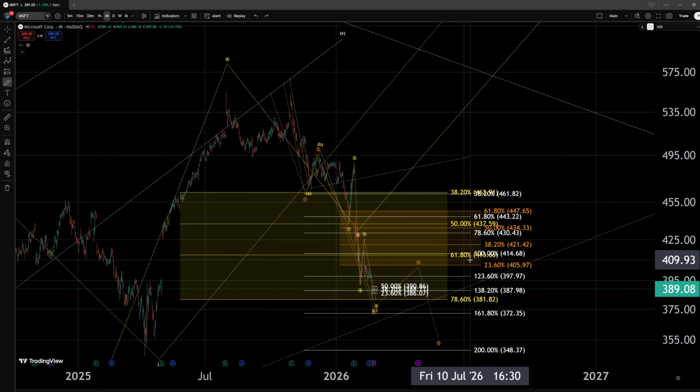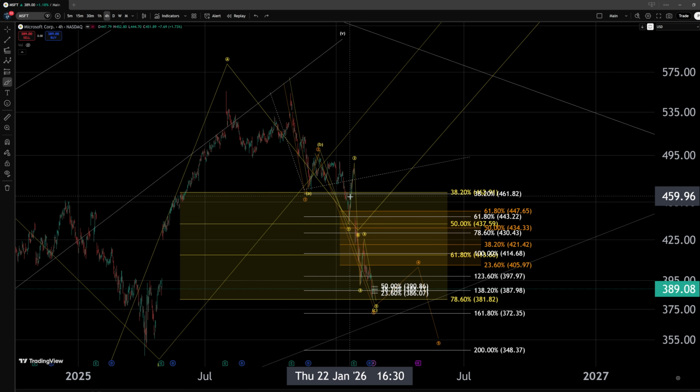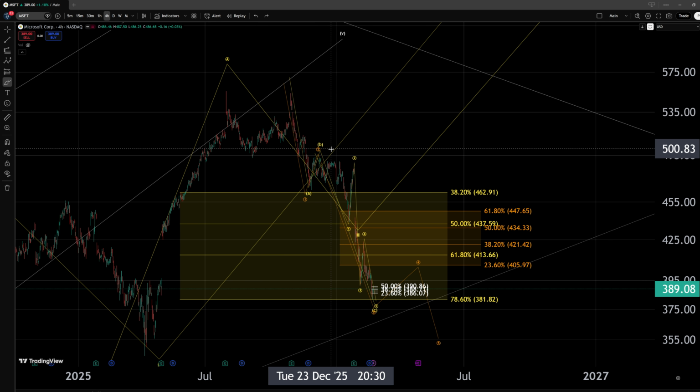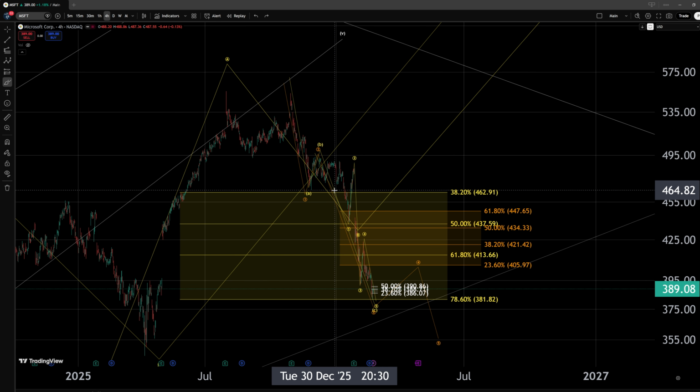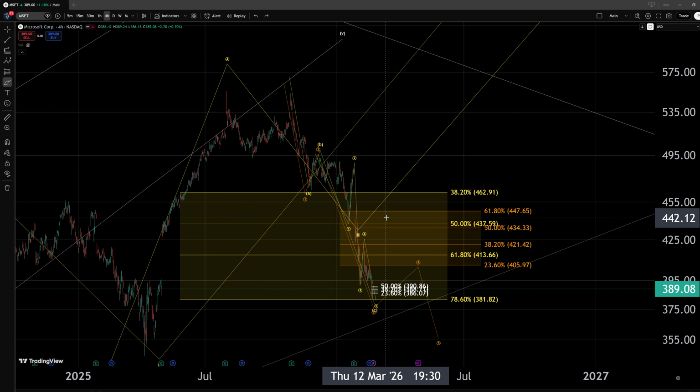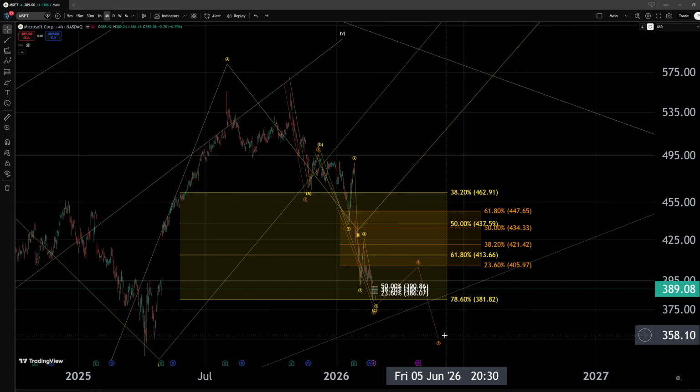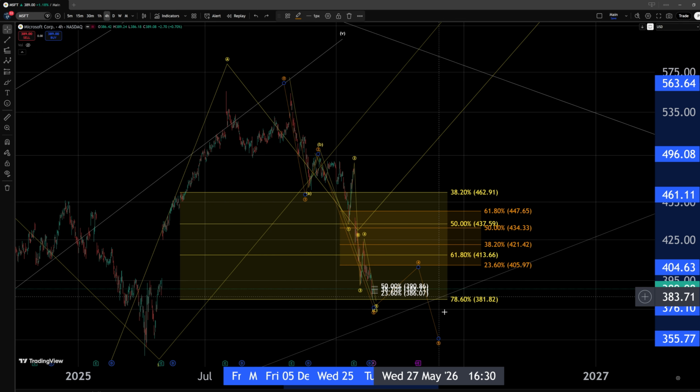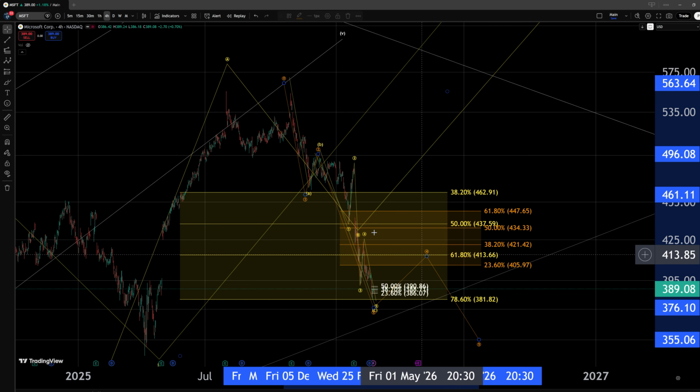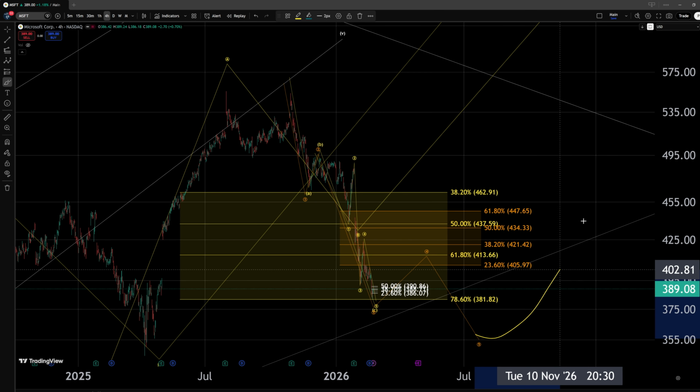Now, we can even see we have reached the ideal target for a supposed wave 3 within this expectation in orange. So it should be really no surprise if we extend in a wave 4 and a 5th wave before forming a more substantial bottom, before starting a stronger relief rally.